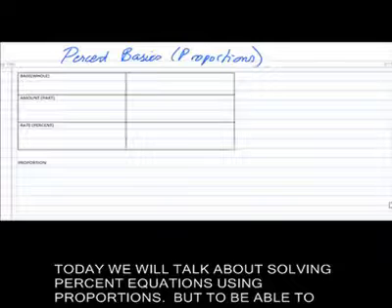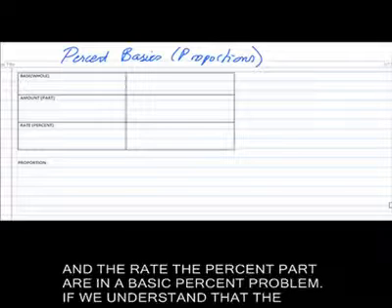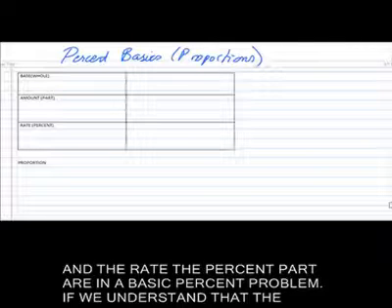Today we will talk about solving percent equations using proportions. But to be able to do that, we need to understand what the base, the whole part, the amount, the part, and the rate, the percent part, are in a basic percent problem.